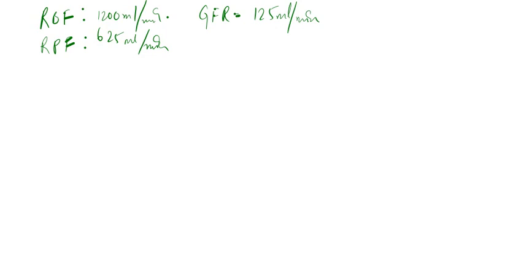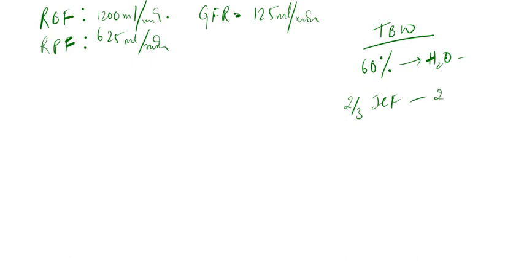Again we will discuss the body fluids once more. If you take total body weight, 60 to 70% is water, in which 2/3 is ICF. For example, for a 60 to 70 kg body weight, total water will be 42 liters, in which 28 liters will be ICF and 1/3 is ECF, that is 14 liters.